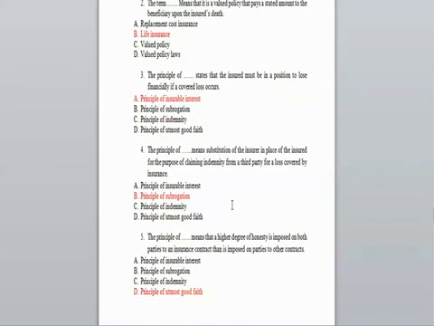Number 3, the principle of insurable interest, subrogation, indemnity, utmost good faith states that the insured must be in a position to lose financially if a covered loss occurs, and this is applied to principle A, insurable interest.